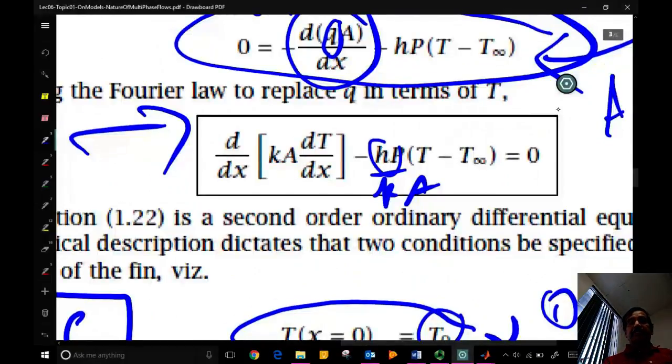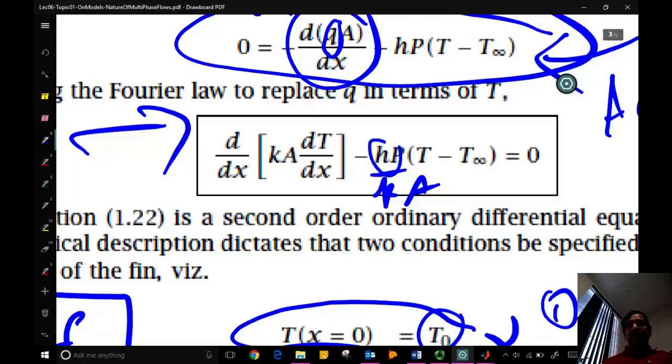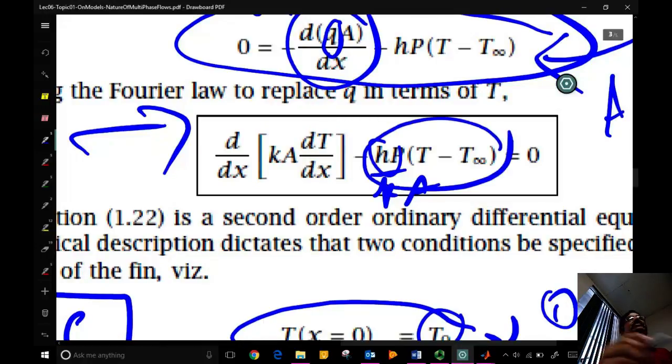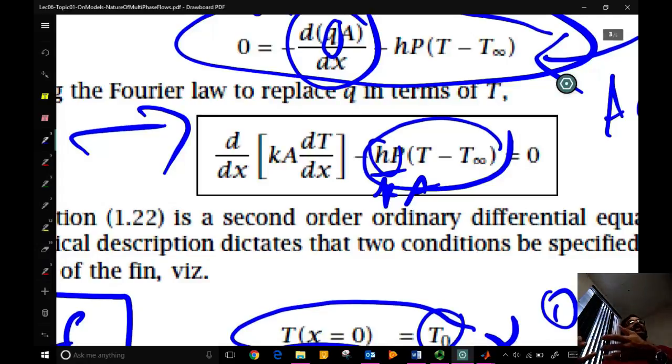If H increases, that means the mechanism by which heat is lost from the fin to the surrounding, convective heat transfer, is increased. So the fin is cooling much more quickly. From the base temperature of 1, its temperature is decreasing, but if I increase H, it's going to decrease much faster. Whereas if H is small, then it takes a longer length for the temperature to decrease.